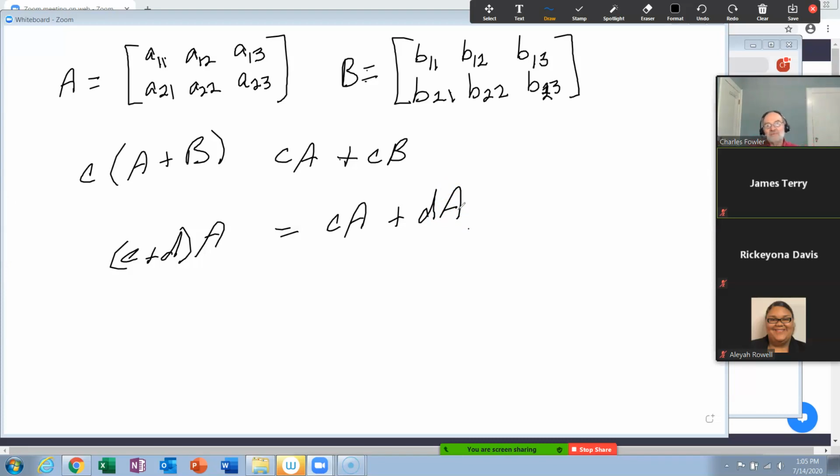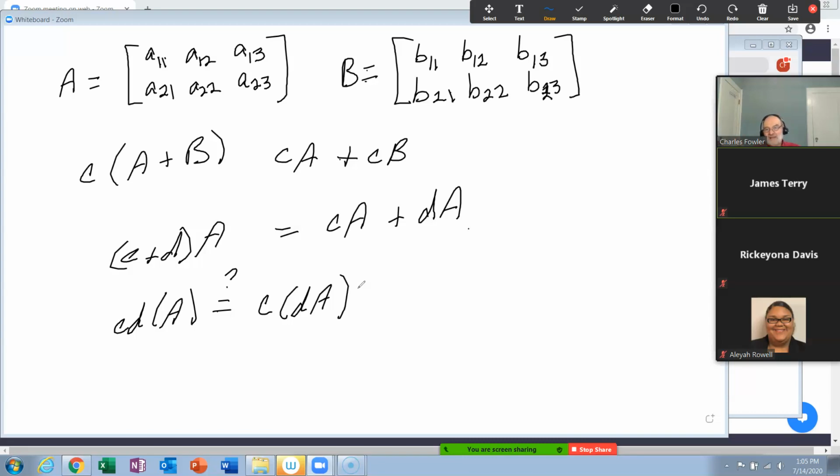Now, the next one is probably just as easy or easier. If you had C times D times matrix A, is that the same as C times (D times A)? Well, let's see. C and D are both real numbers, any two real numbers.